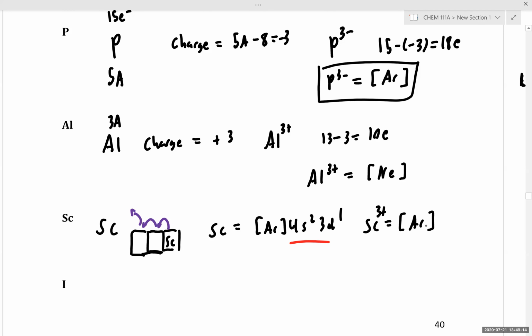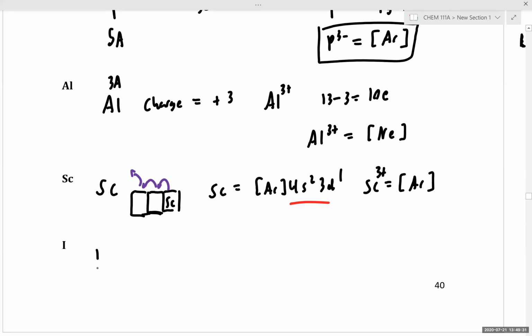So in general, metals prefer to lose their valence electrons to form a cation with a noble gas configuration, especially your early stage metals, including early stage transition metals. For iodine, a group 7A element, the charge predicted is 7 minus 8, or -1.